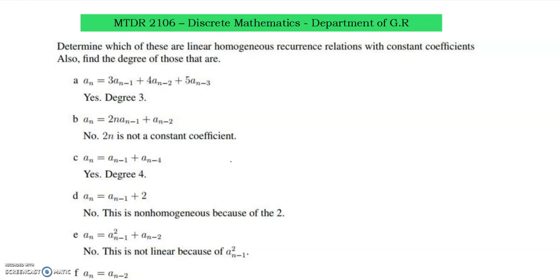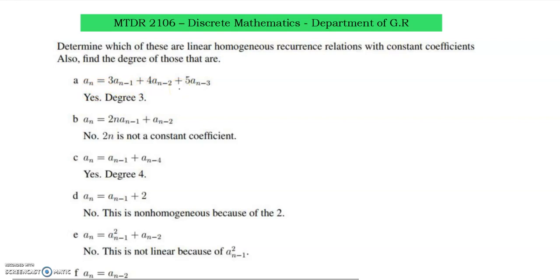How to identify homogeneous? How to identify non-homogeneous? How to find the degree? Now you see here: determine which of these are linear homogeneous recurrence relations with constant coefficients, and also find the degree of those that are. This is the given recurrence relation.